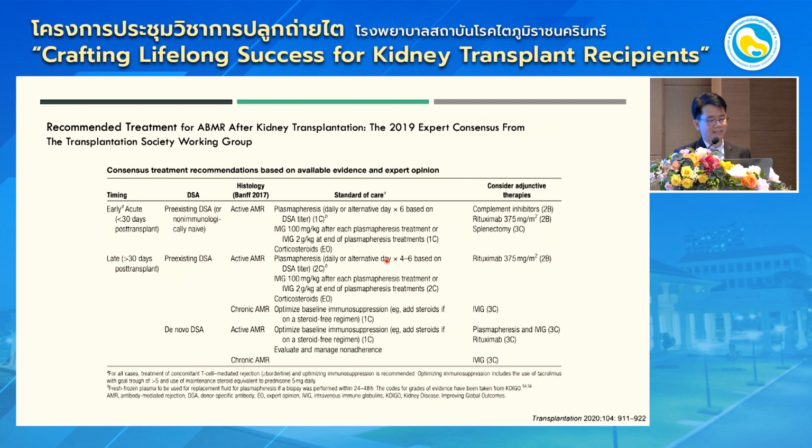In 2019, the TTS working group published the guideline on treatment of ABMR by dividing the patients into early ABMR and late ABMR. And most of the time, the treatment focused on antibody reduction by using apheresis techniques, IVIG, and rituximab.